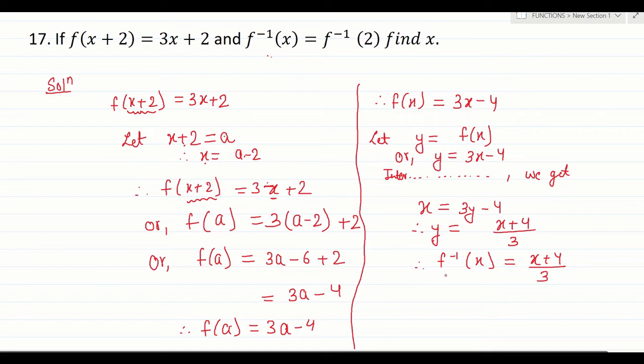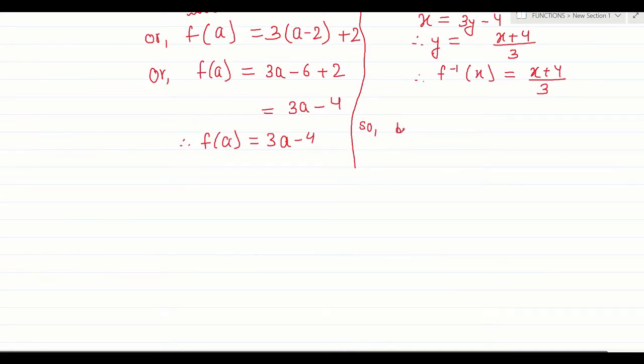Now the question has given f inverse x equal to f inverse 2. We have to use this to find the value of x. So let's continue. So by equation, f inverse x is equal to f inverse 2, where f inverse x is x plus 4 over 3.